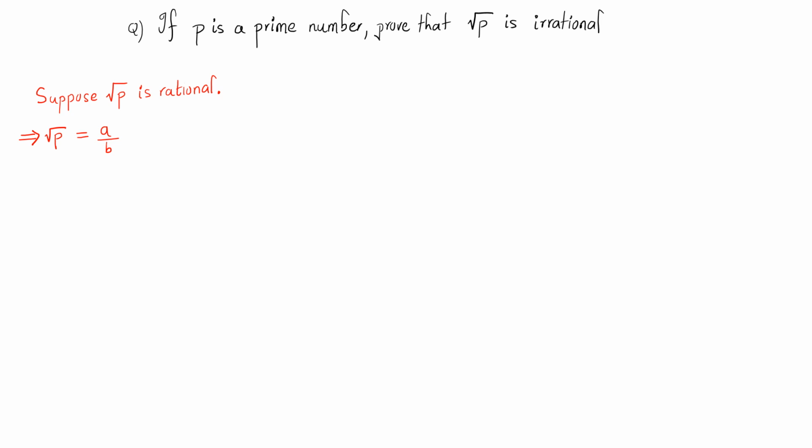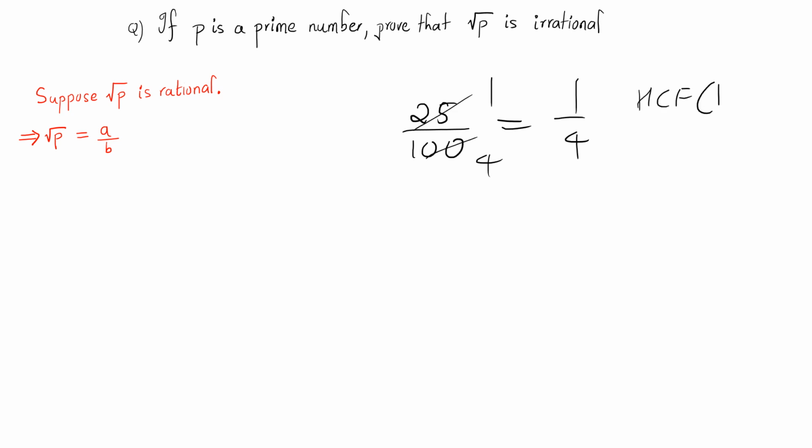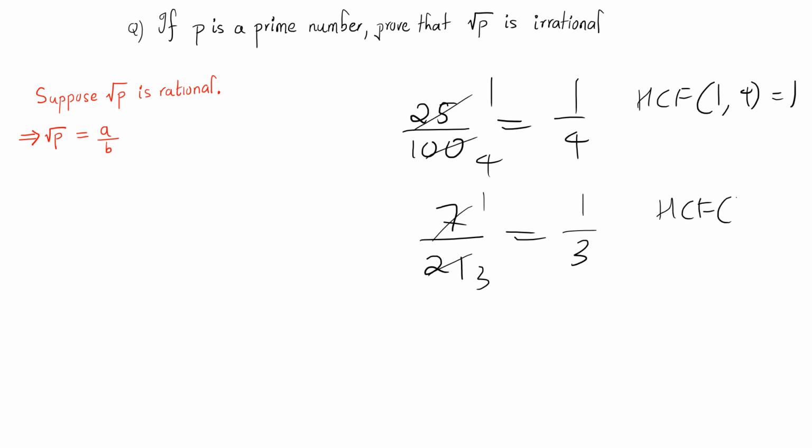Now see, if you have a rational number, let's say 25 by 100, we can always reduce it to the lowest form, 1 by 4. And what do we mean by lowest form? Because the HCF of 1 and 4 is 1. Suppose I give you 7 by 21, we can always reduce it to the lowest form. 7 threes are 21, and what is the HCF of 1 and 3? It is 1. So this is what we mean by reducing it to the lowest form.